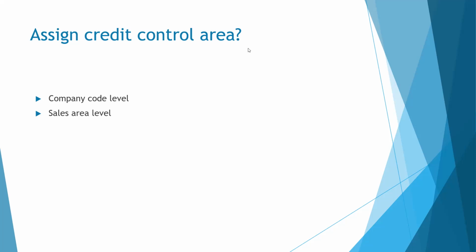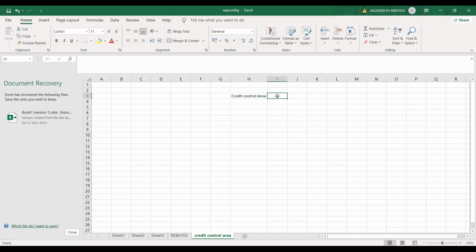Let's get on to the example now. See, let's take an example. We have defined one credit control area, CAR1.